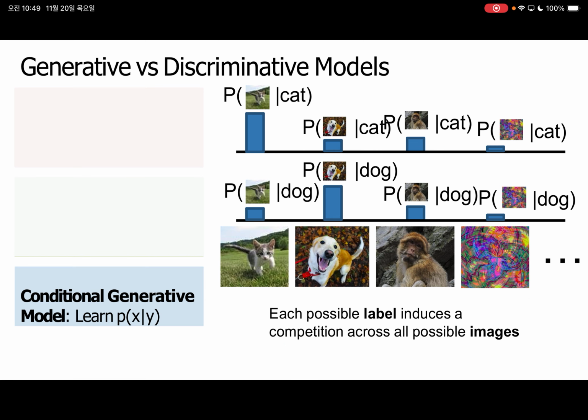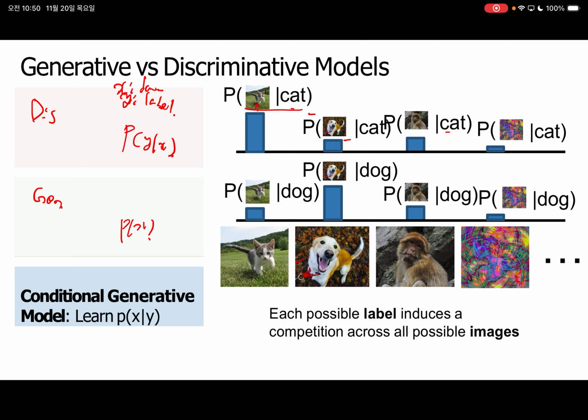And the conditional generative model is basically the same. The generative model, as I said, is interested in p(x). Here, the discriminative model is interested in p(y|x), where x is data, y is label. And here, the conditional generative model is still interested in p(x), the data distribution, conditioned on the label. So given the label cat, this image has a high likelihood, right?